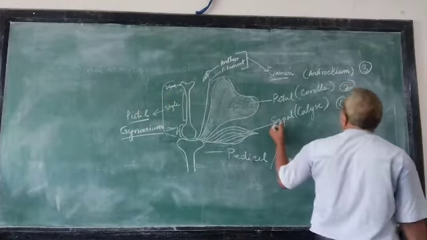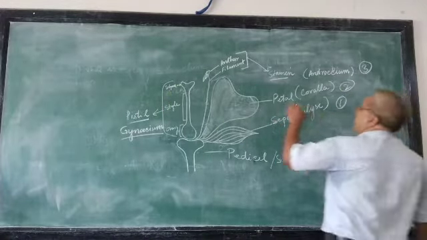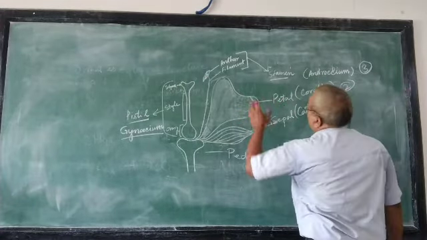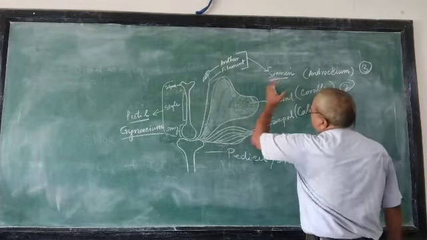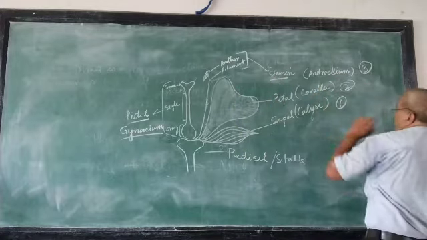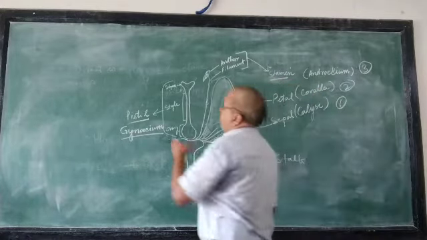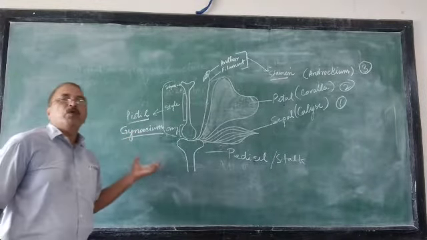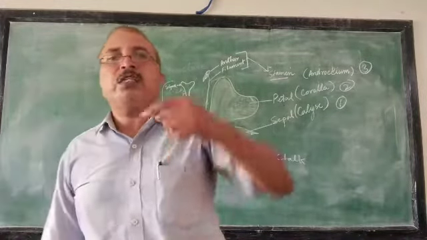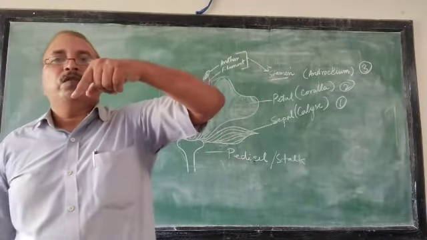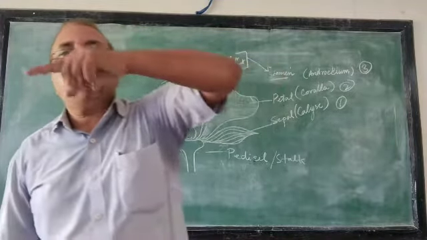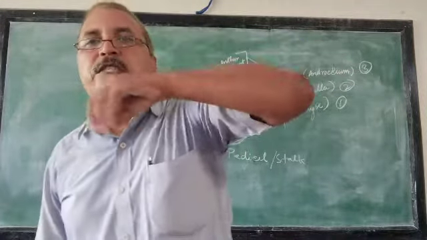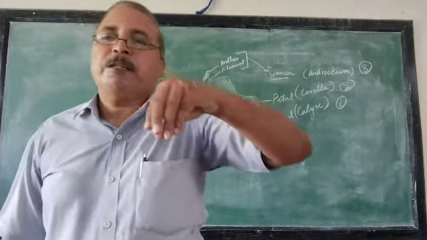Sepals, the word for sepals is known as calyx. Petals, the word for petals is known as corolla. Then stamen, the word for stamen is known as androecium. Then pistil, and the word for pistil is known as gynoecium. When I say word, it means the circle on whose circumference the parts are placed, right?